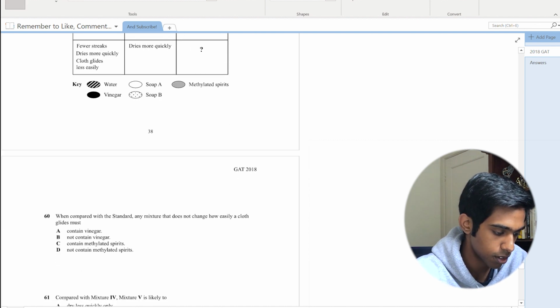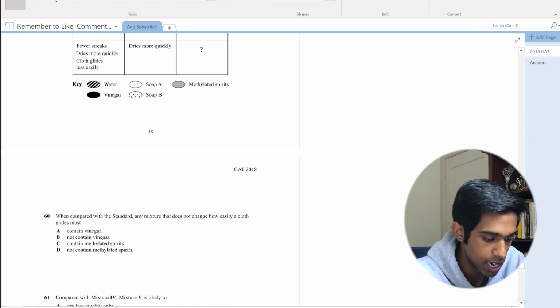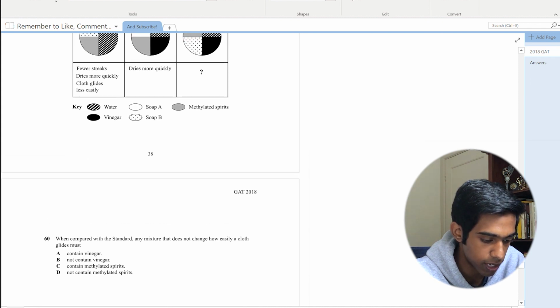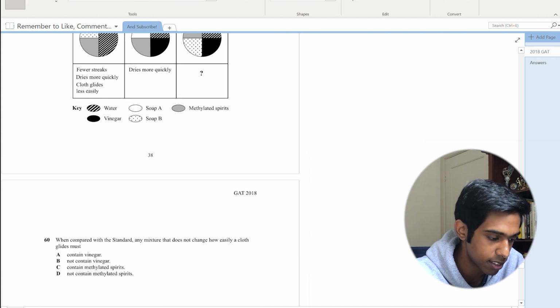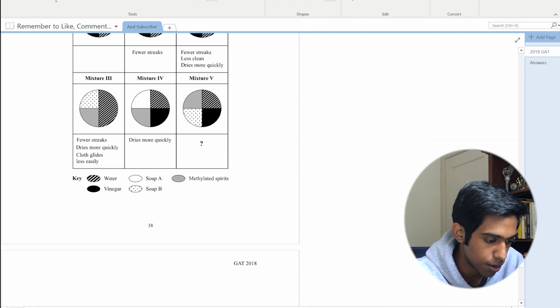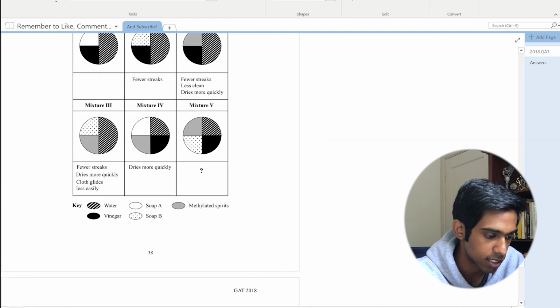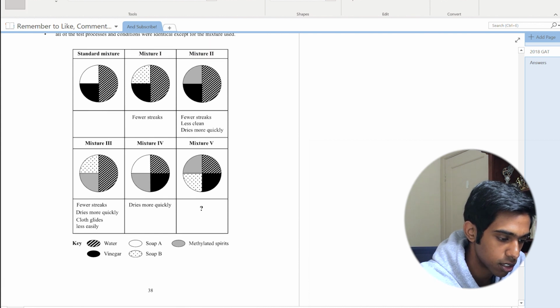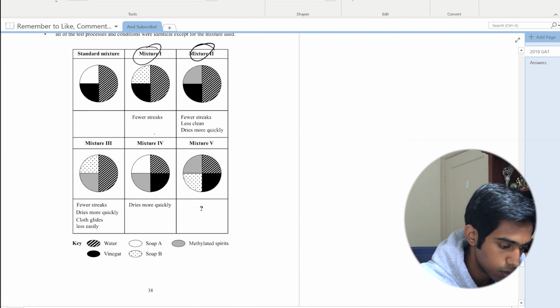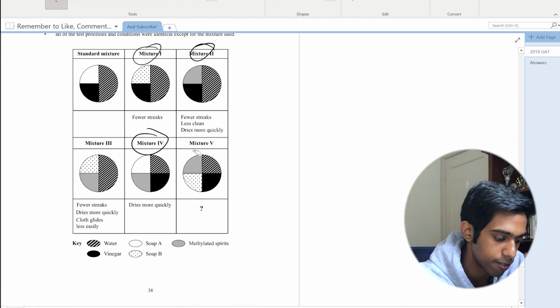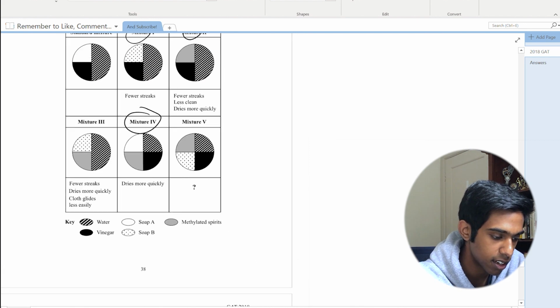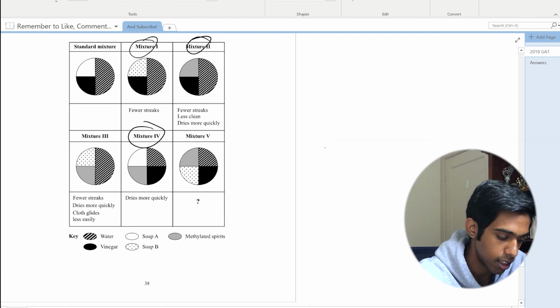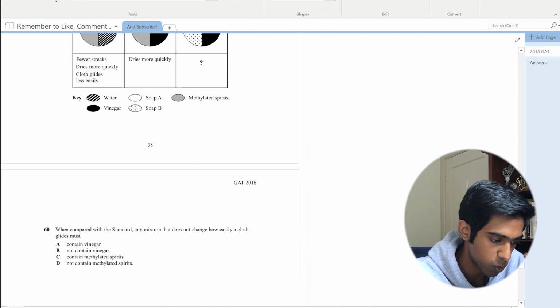Alright, so when compared with the standard, any mixture that does not change how easily a cloth glides. So that's pretty much mixture 1, 2, 4, and we don't know about 5, but they all contain the black part, whereas 3 does not.